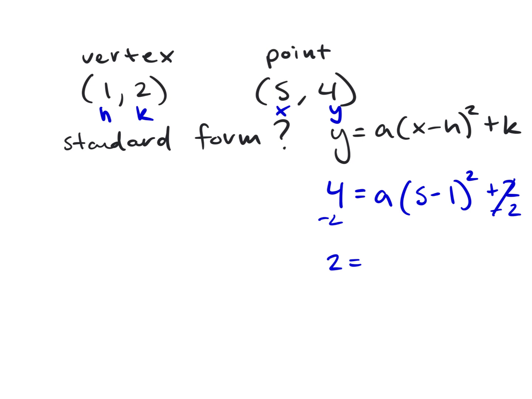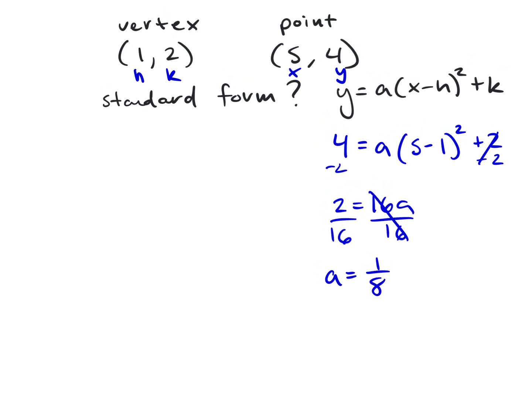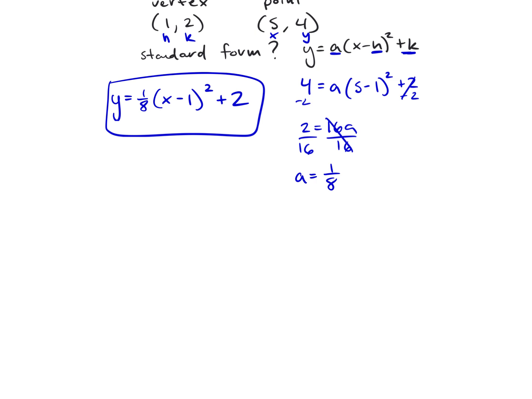We get 2 equals 5 minus 1, which is 4 squared is 16, so 16a. Divide by 16. A equals what? 1 over 8. So when we plug in our a, h, and k, y equals 1 over 8 times x minus 1 squared plus 2.